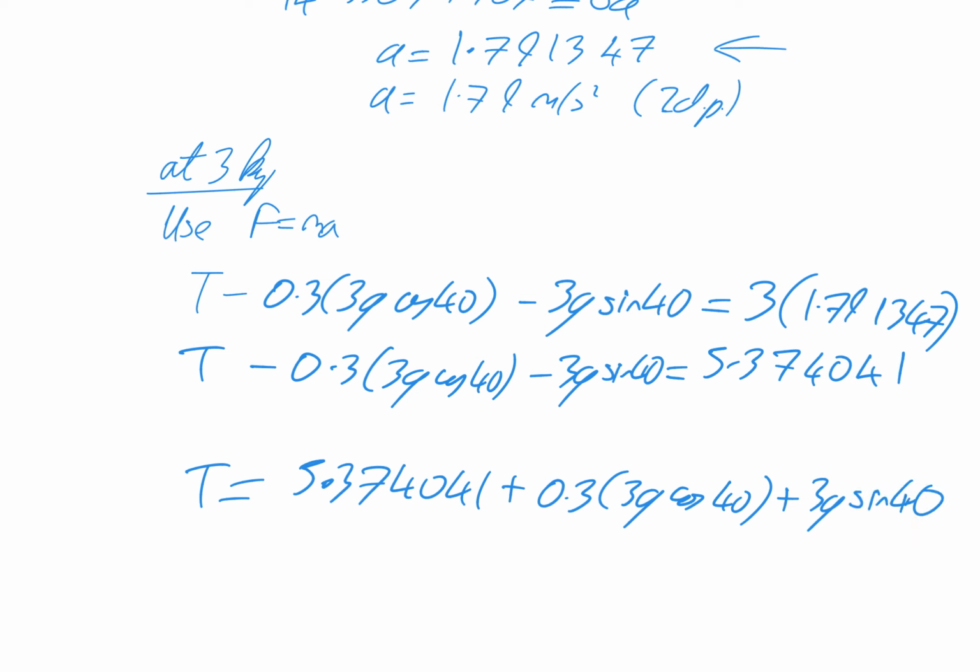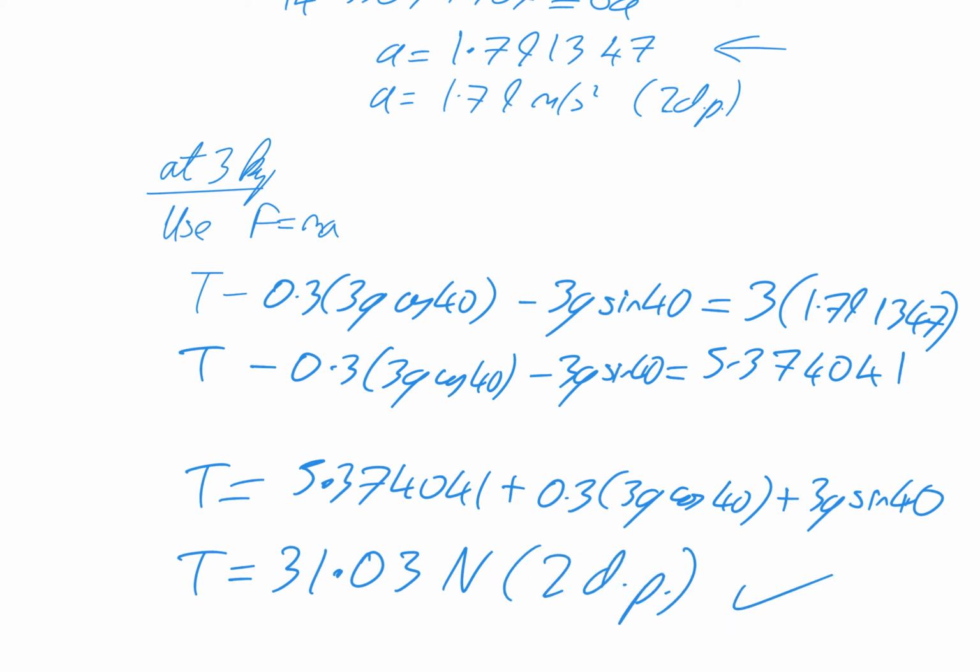So we just add those two things on, so plus 0.3 times 3 times 9.8 times cos of 40, and then plus 3 times 9.8 times sine of 40, and that works out that my tension is 31.03 newtons, to 2 decimal places.